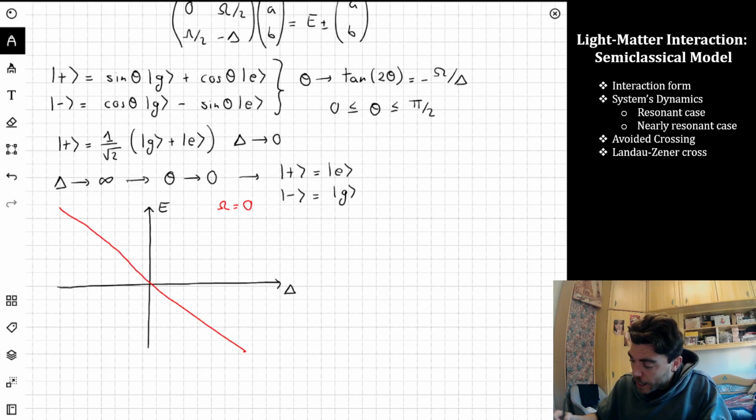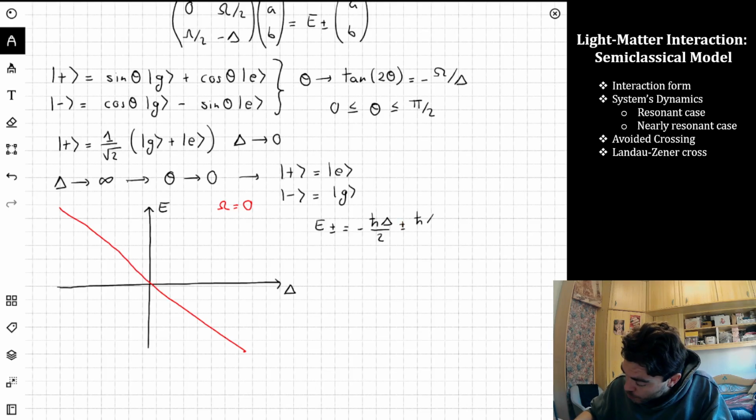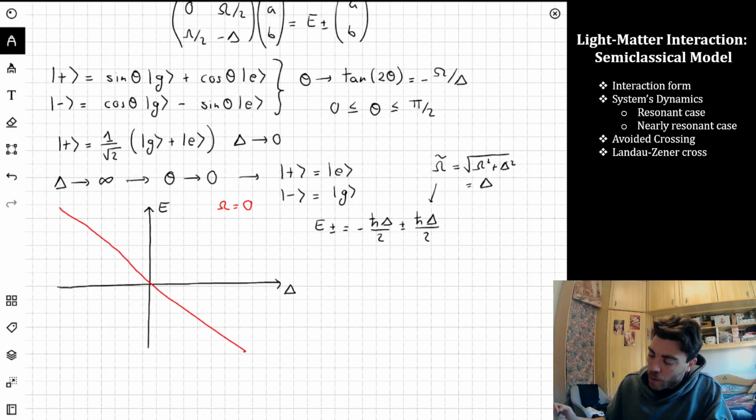So then the eigenstates are trivially, we'll write them, E plus minus, they are trivially minus h bar delta divided by 2 plus minus h bar delta divided by 2, because remember that here we used to have omega, but if this omega is omega squared plus delta squared, so if omega capital is 0, this is just delta, and that's why we recover a delta here.